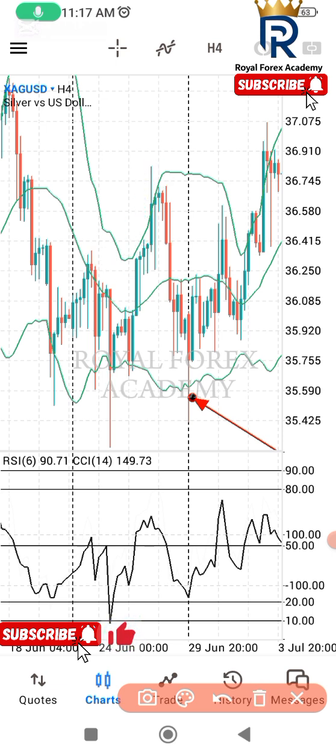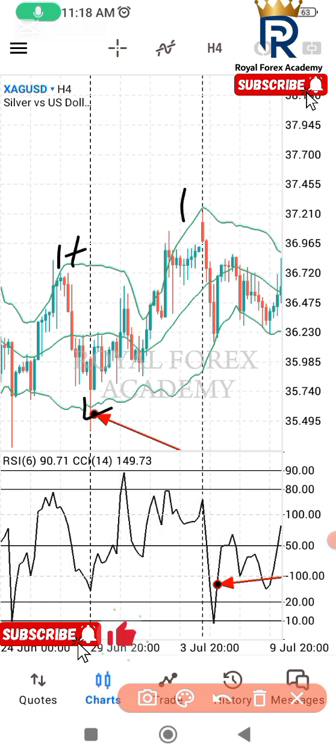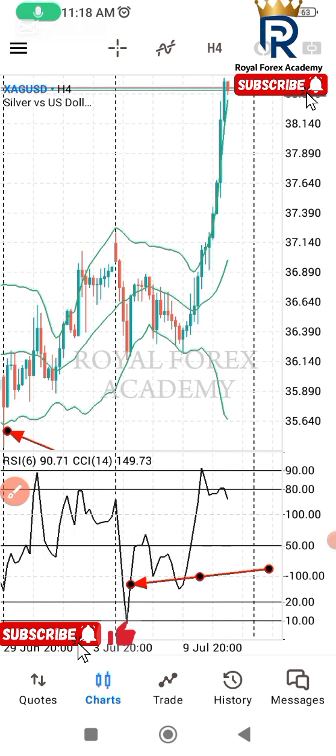So at this point the structure was broken, and then we have a new high, and this is our low, and that is how we begin the journey of an uptrend. So you can see now that we have a high, a low, we have a higher high, this is a higher low. Continuously like that until you see how price keeps playing out in that direction.